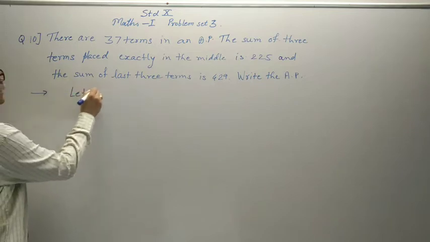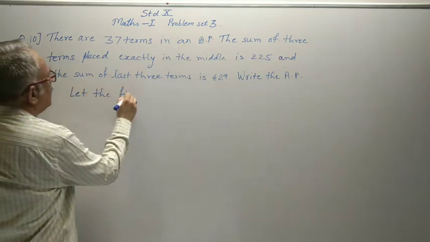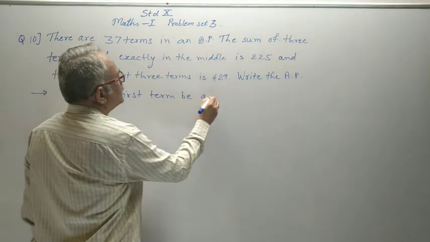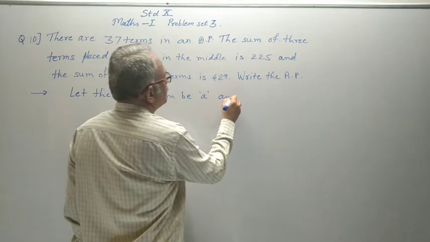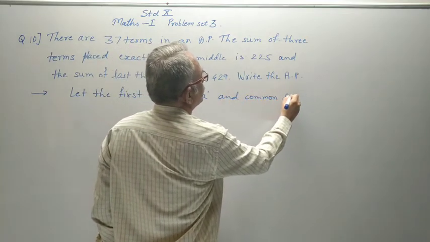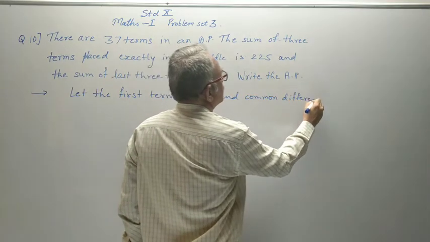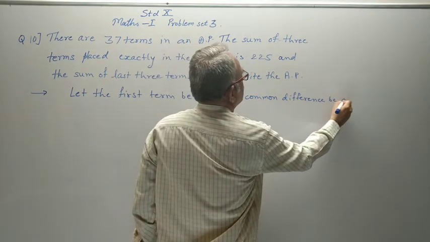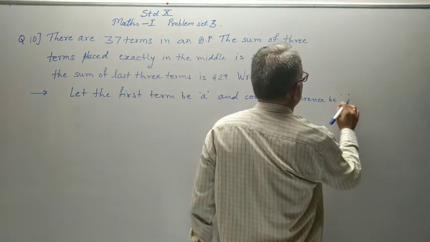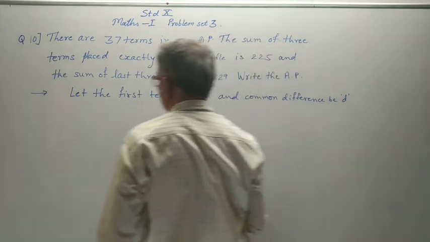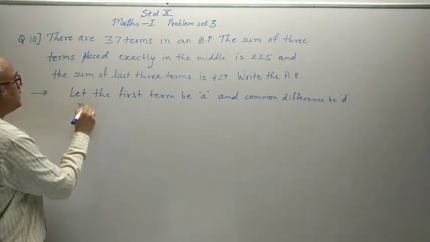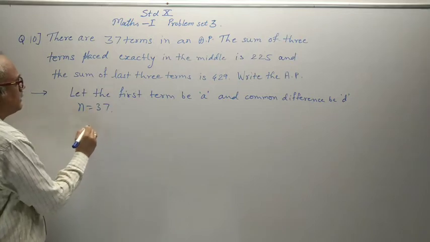Let the first term be A and the common difference be D. N is equal to 37.